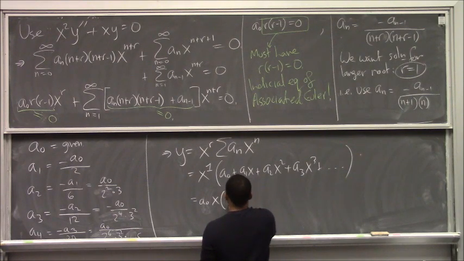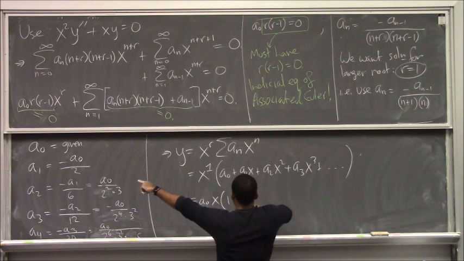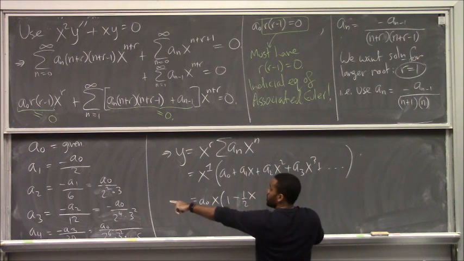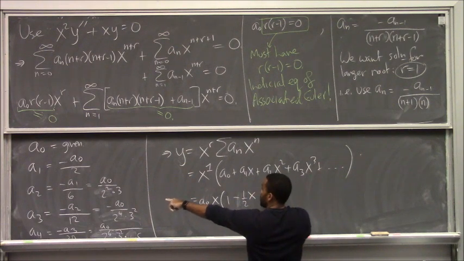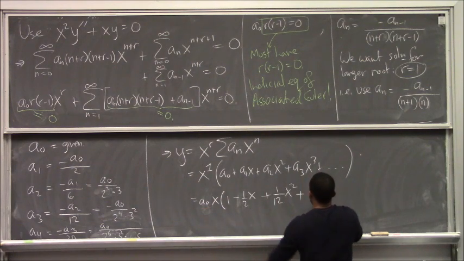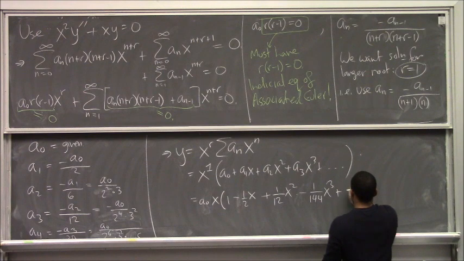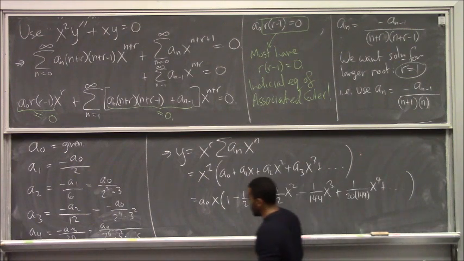It's going to be 1 plus a1 is minus a half. A2 is plus 1 over 12. A3 is minus 1 over 144. A4 is 1 over 20 times 144. So that's what that solution looks like.